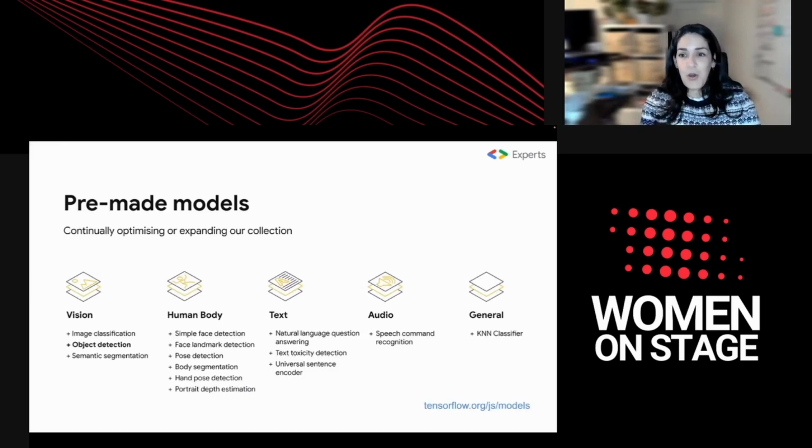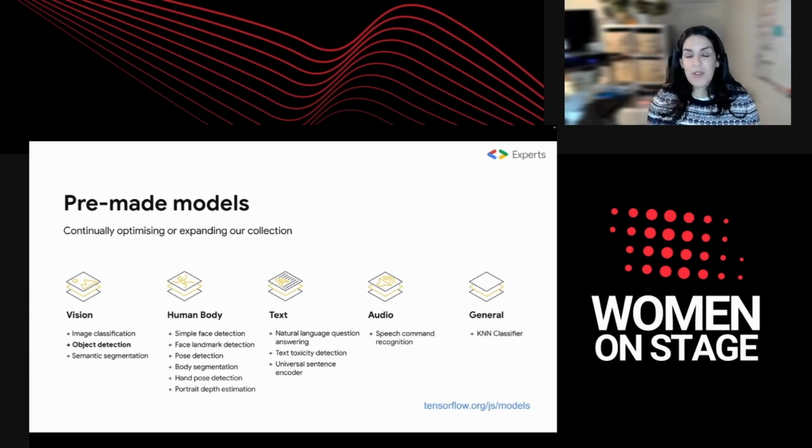Okay, so like I said, the team at TensorFlow.js has been releasing a lot of pre-made models, and they are always expanding the selection. There are different categories. They have models that work with vision, human body, text, audio, and a more general model.